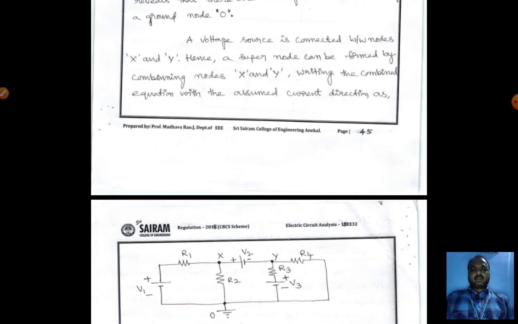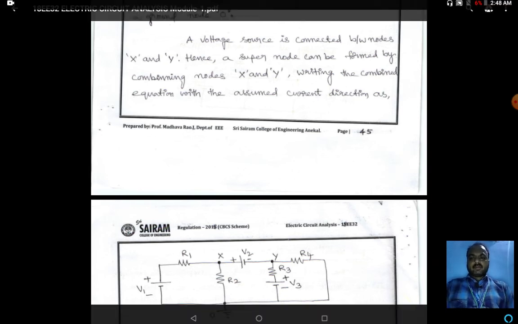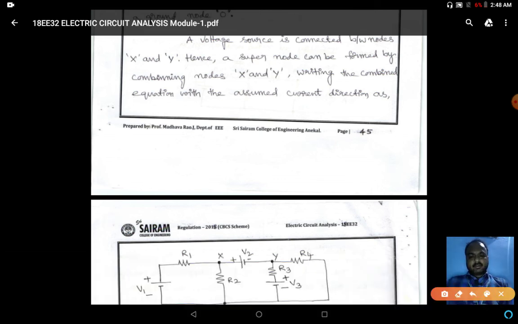Here you see a voltage source is connected between nodes X and Y. Hence, a super node can be formed by combining the nodes X and Y, writing the combined equations with the assumed current directions. One more voltage source is also connected between Y and V3, and one more voltage source is connected between X and ground.